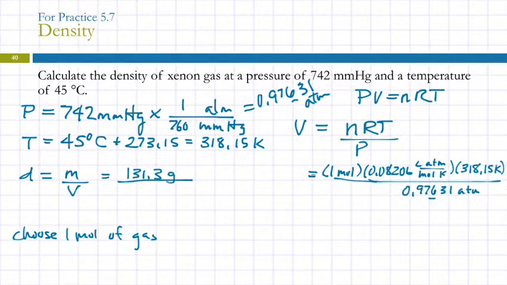Now we can look at our units and we see moles cancel, atmospheres cancel, Kelvin cancel. So I'm coming up with 26.740 liters.